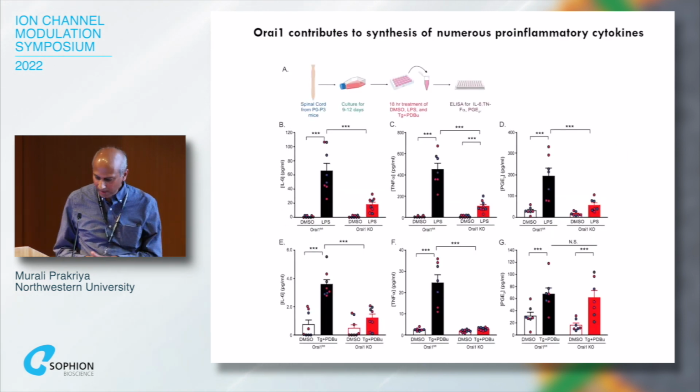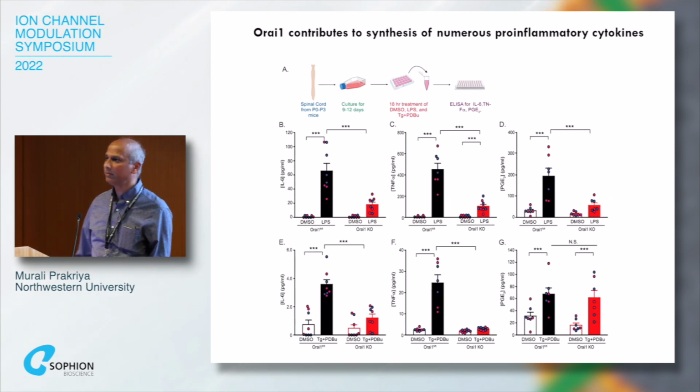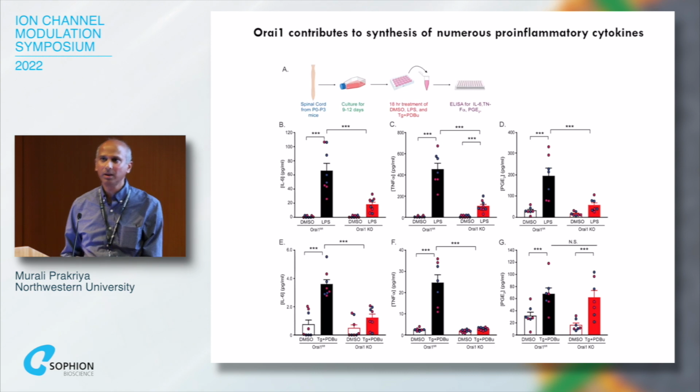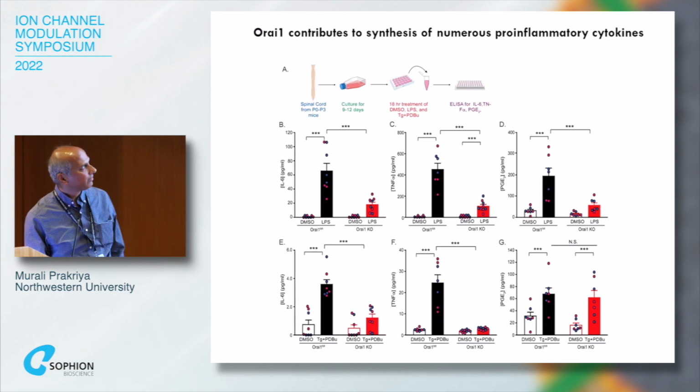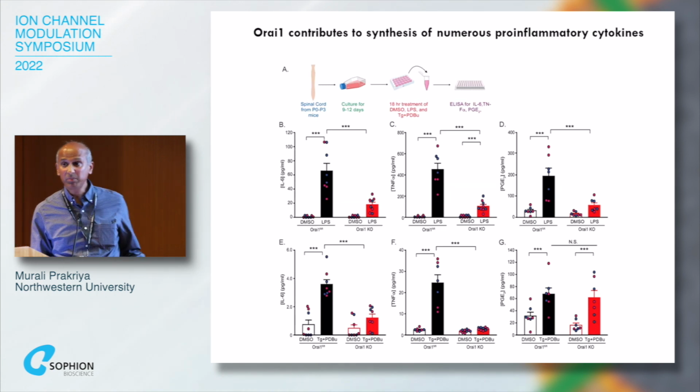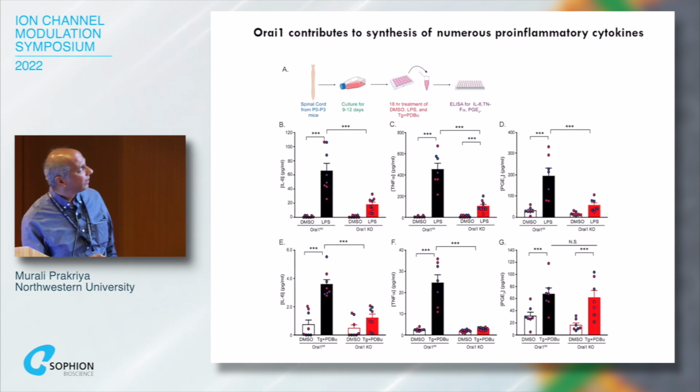And so we then began to wonder, what is this good for? And basically took a page out of many of the types of assays that Stefan does in his lab, and we looked at cytokine induction, and we looked at a variety of pro-inflammatory cytokines that are implicated in the etiology of neuropathic pain, including IL-6, TNF-alpha.